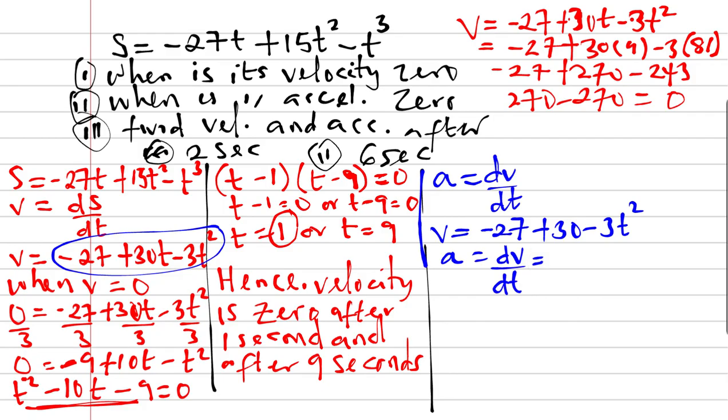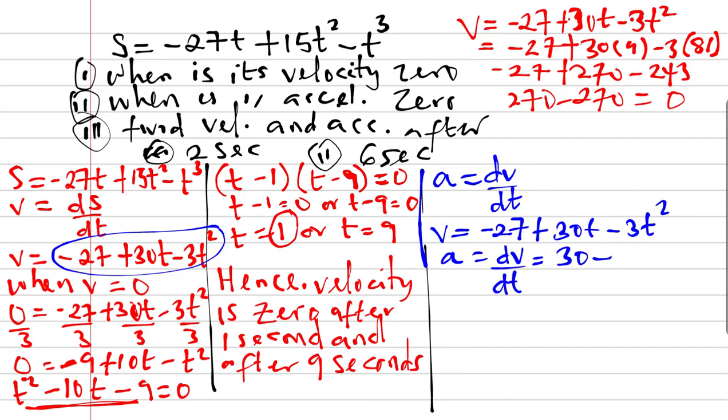Minus 27 will give us 0. If you differentiate 30t, you get 30.